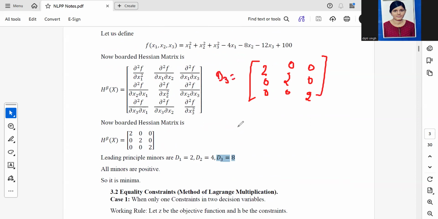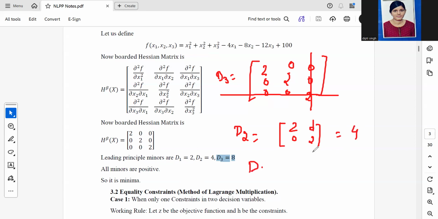But if you want the second principal minor, you have to delete the last row and last column. So what you get here is 2 0, 0 2, and solving it gives 4. If you delete one more row and column, you get the first principal minor, which is 2. So this is the process to find the leading principal minors.